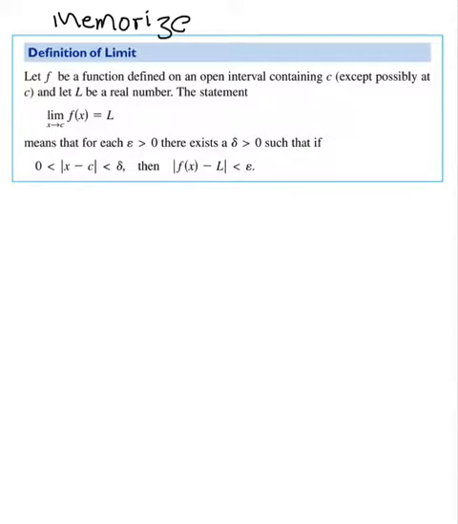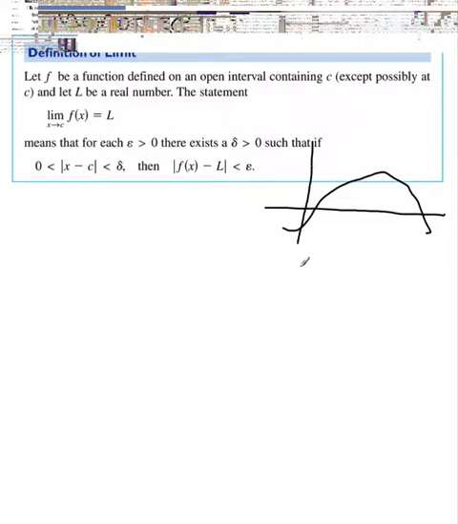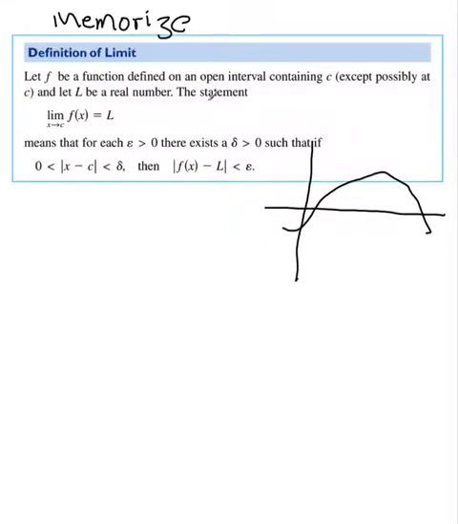All right. Let f be a function defined on an open interval containing c. So f is just some function, and it doesn't matter what it does. And this is my xy axis. All right, vertical line here. Okay, now, on some open interval containing c.